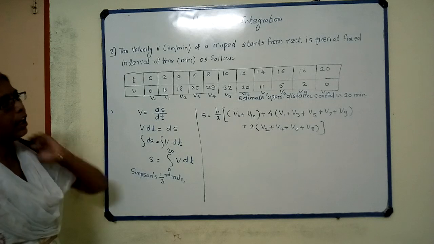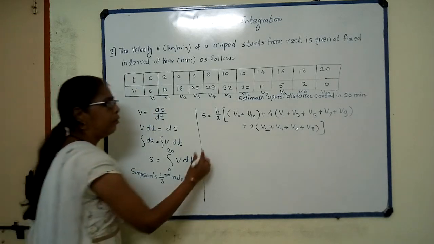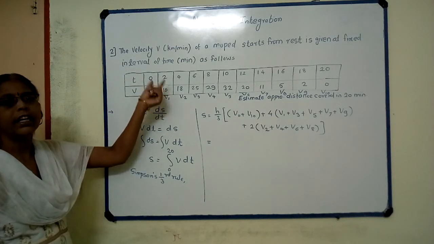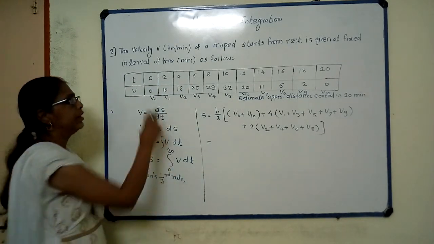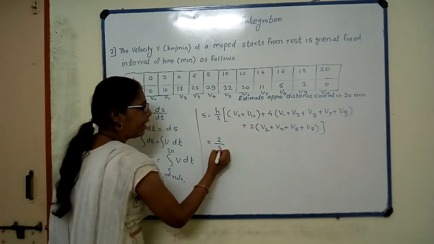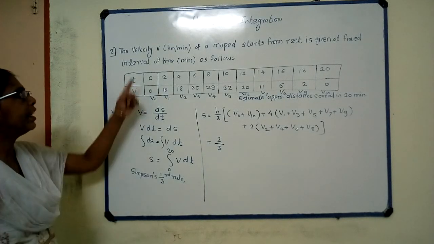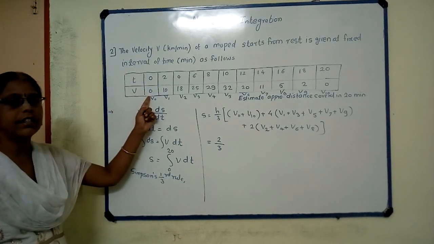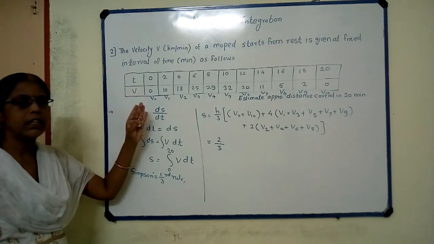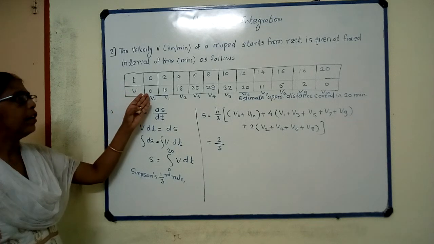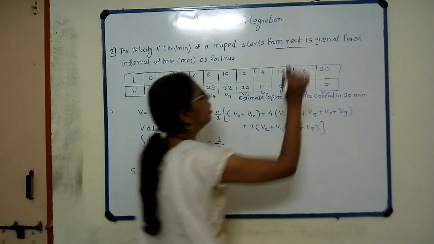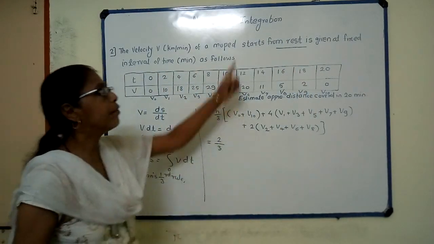So this is the formula by using the table. Now h is the increment in values of x. The increment in values of t is 2, so h by 3 is 2 divided by 3. We have taken starting time and starting velocity as 0, which is actually not given in the example, but it must be considered because the question says this moped started from rest.